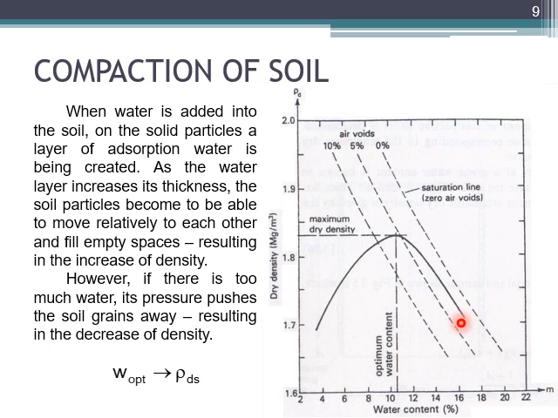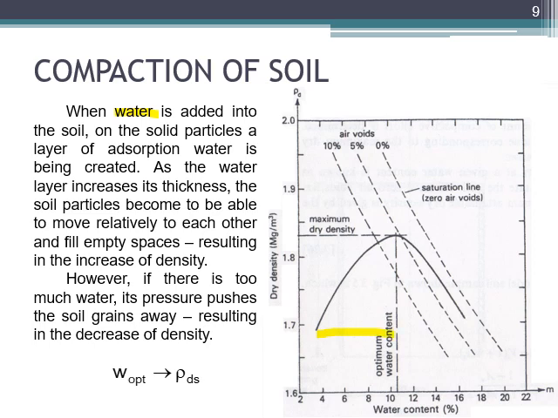So when the water is added to the soil, on the solid particles, a layer of absorption water is created. As the water layer increases its thickness, the soil particles become able to move relative to each other and fill the empty spaces, resulting in the increase of the density. So water is initially acting as a lubricant, let's say, right?